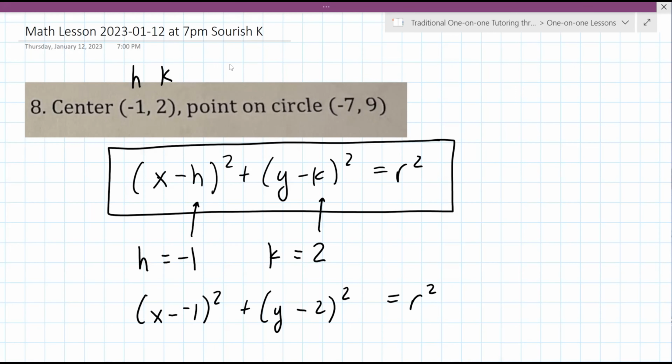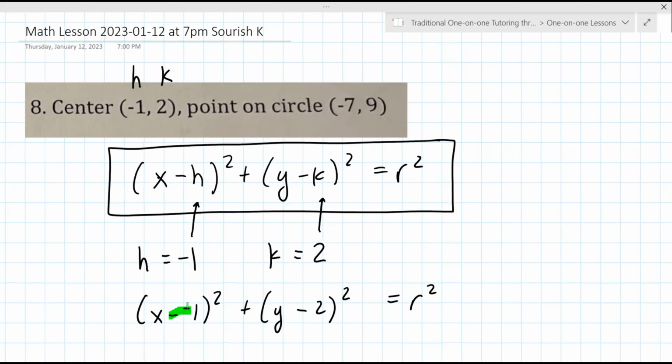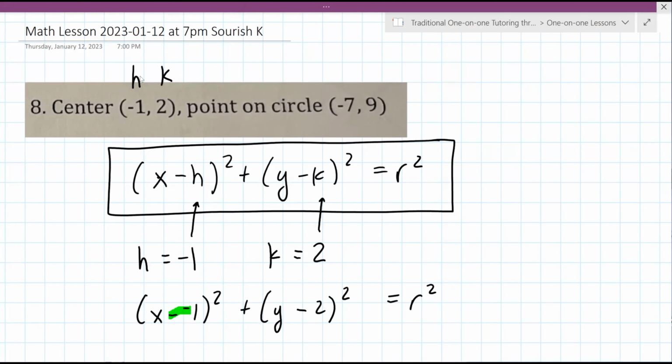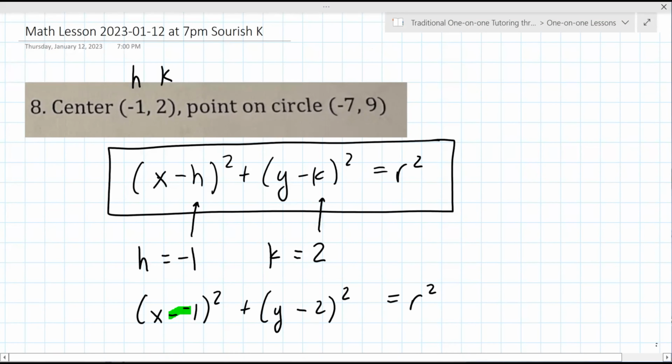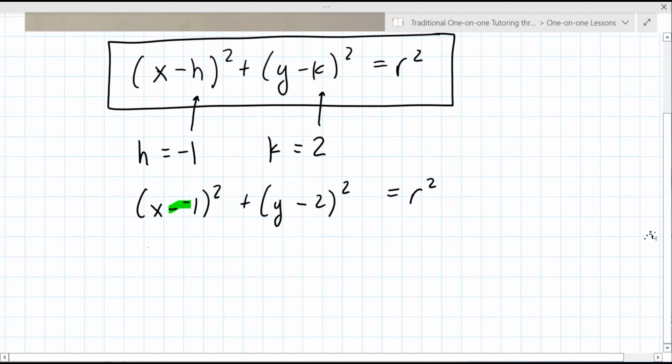Now, do you recall what we do about the double negative? Yes, you have to replace that into a positive. So that becomes x plus 1 squared plus y minus 2 squared equals r squared.